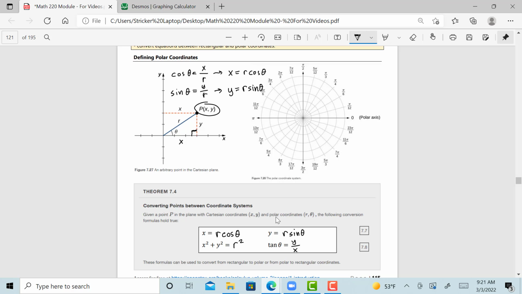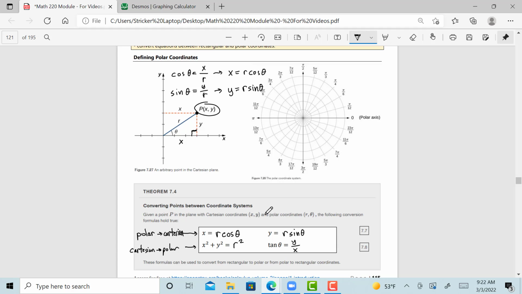So the top two equations are for converting from polar to Cartesian. And then for the bottom two equations, you plug in x and y, and you get r and theta. So that's going from the Cartesian system to the polar system.